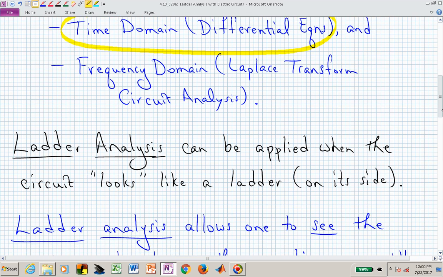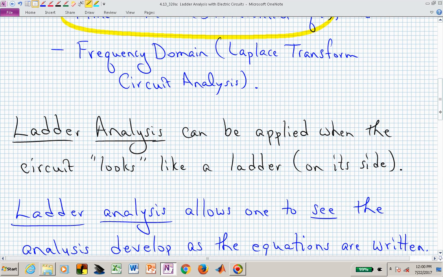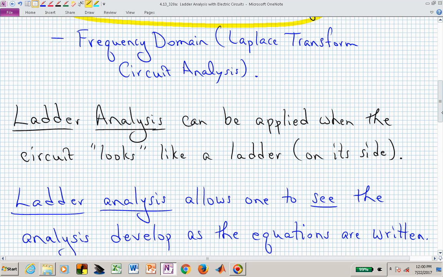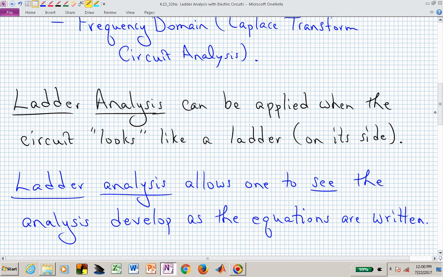Here again, the ladder analysis is getting its name because the circuit looks somewhat like a ladder on its side, and the process allows us to see the analysis as we progress step by step up the rungs of the ladder, and we don't say at the end, oh, I must have made an algebra mistake in the computation.